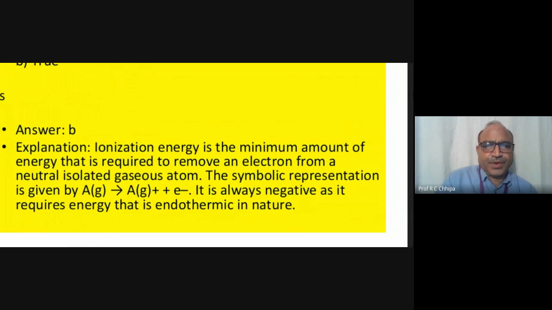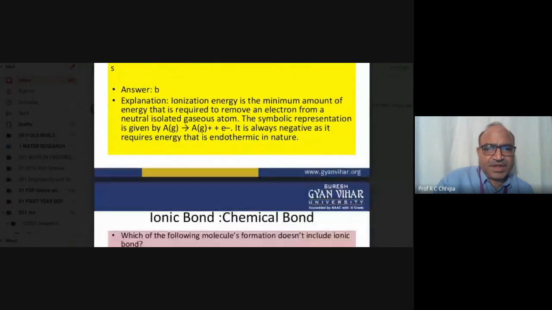Ionization energy is the minimum amount of energy required to remove an electron from a neutral isolated gaseous atom. The symbolic representation shows the gaseous atom losing an electron. This is the first ionization energy. If two electrons are lost, that will be the second ionization energy of that particular element. It always requires energy, so it is endothermic in nature.